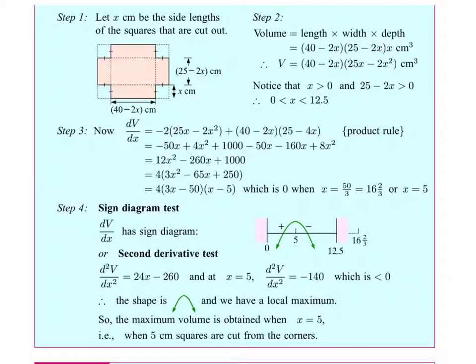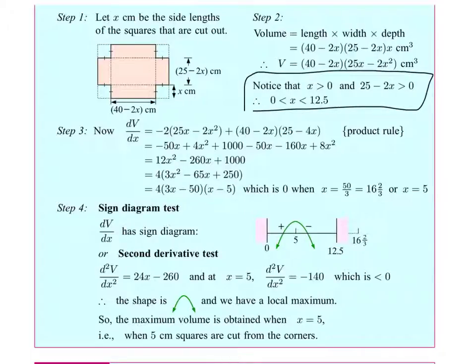Basically, in step 2, the point of this part right here is to set a restriction, because my x can only be up to a certain length. If it's greater than 12.5, then the length of my side becomes negative, and that's not possible.